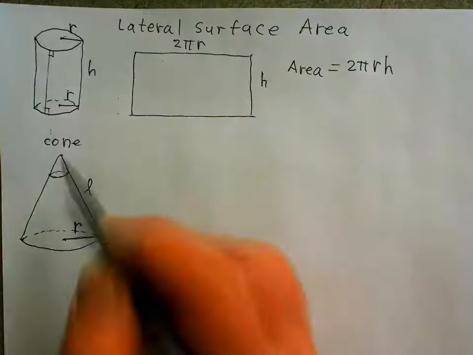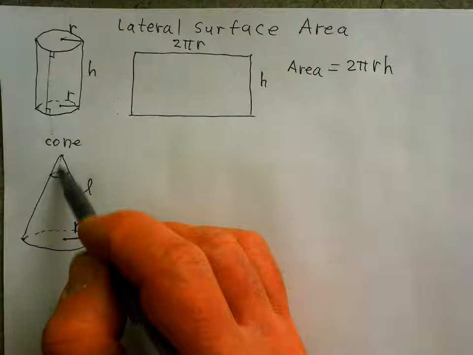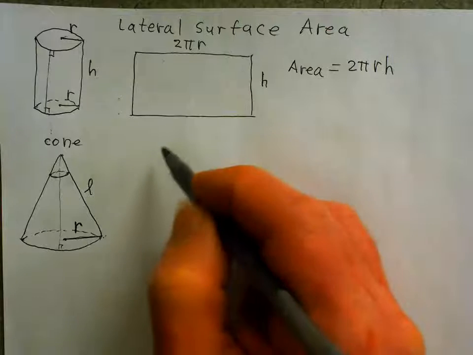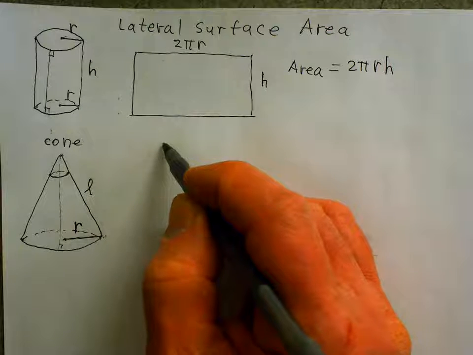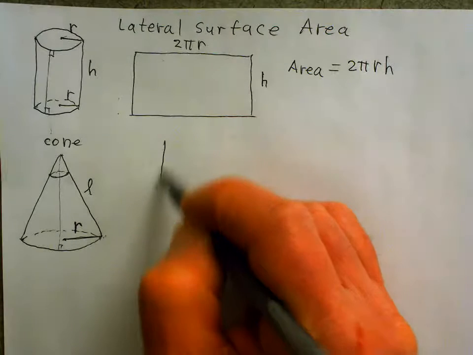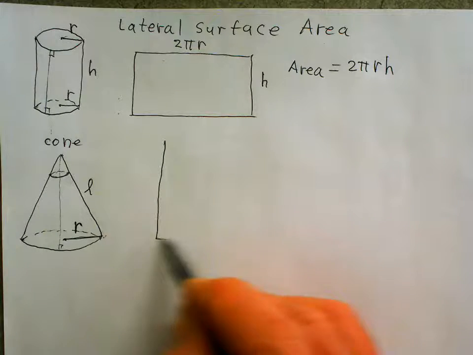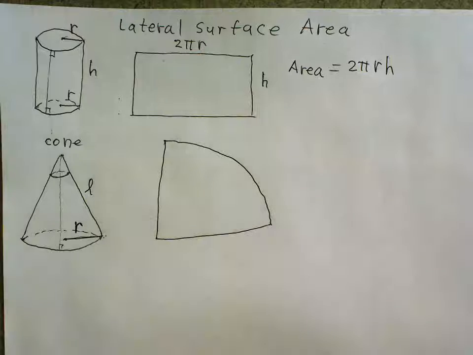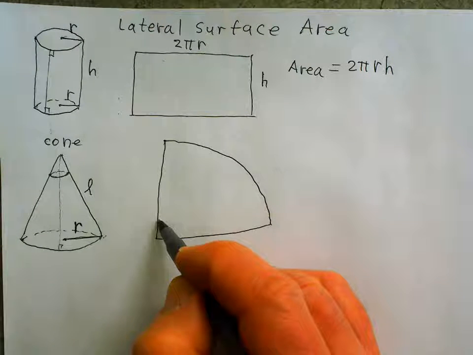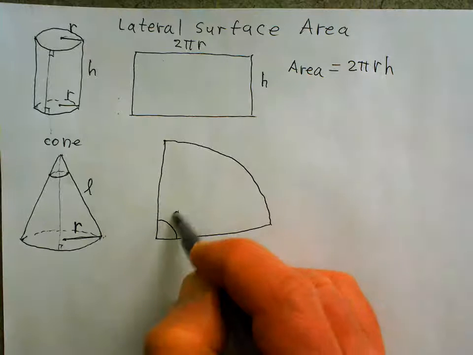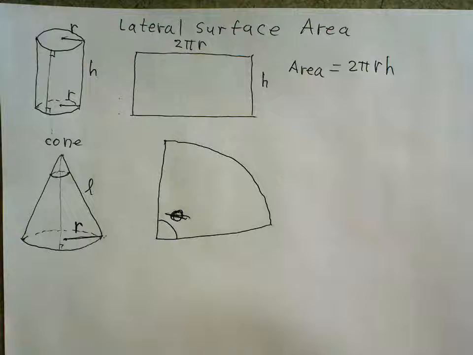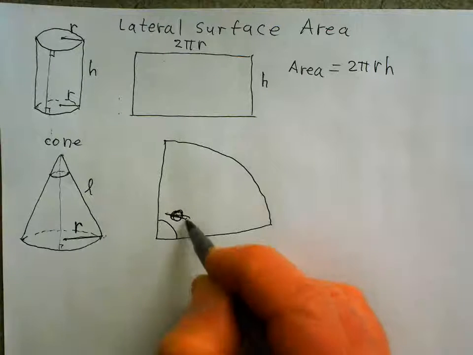If you cut one side of this cone and unravel it, you get a sector of a circle. So something like that. The central angle, we will refer to that as theta. So the measure of that angle is theta radians.